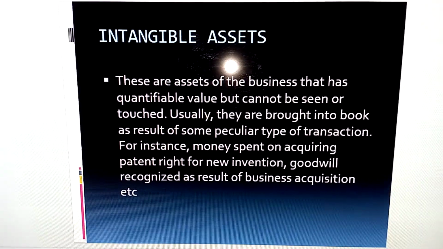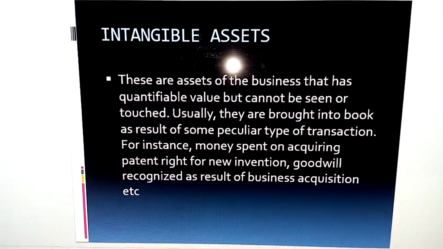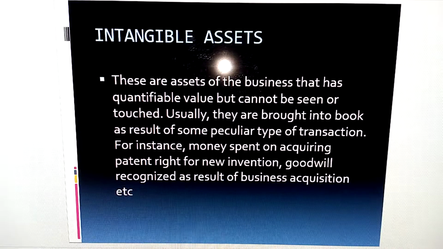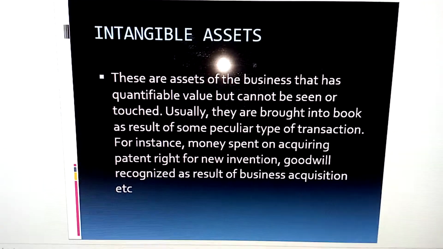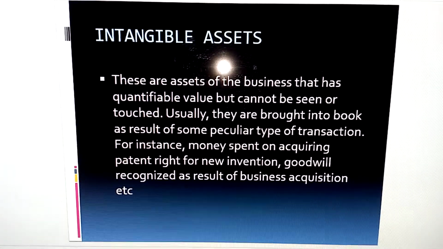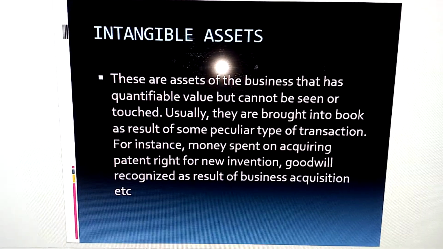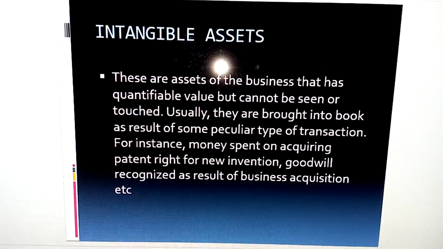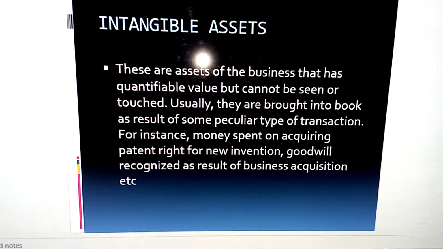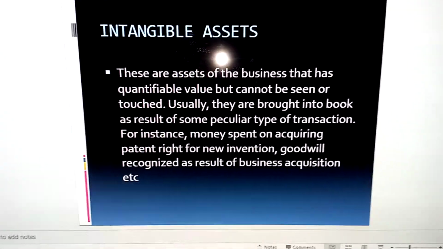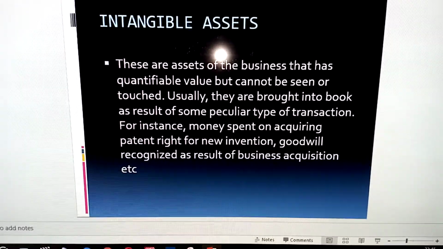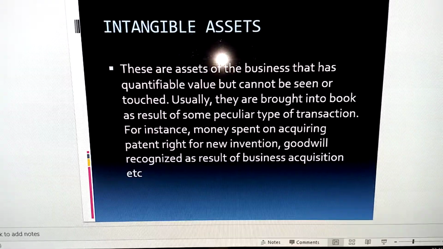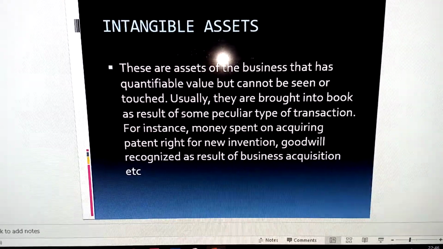Now we have defined tangible assets, and then we divided tangible assets into current and non-current. Now another classification of asset is the intangible assets. The intangible assets are the business resources or the business belongings that are valuable but cannot be seen or touched.